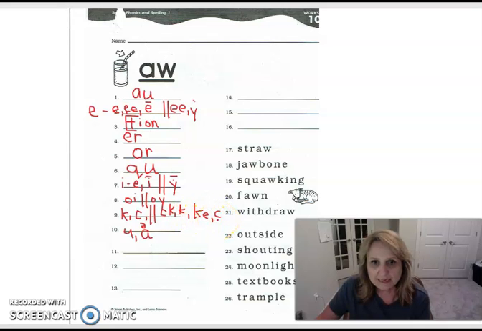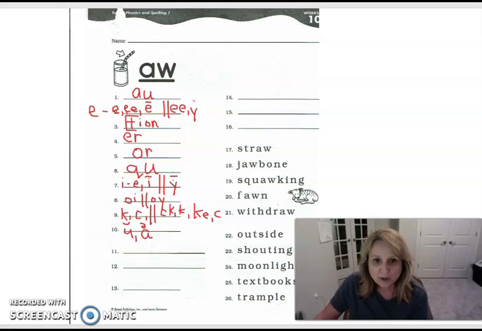Remember, C makes the sound if it's at the end of a 2 or 3 syllable word like Atlantic or Pacific. And then we have our U with a breve and our A with a schwa, like in banana. All right, when you are ready, let's go ahead and go on to number 11, 12, 13.